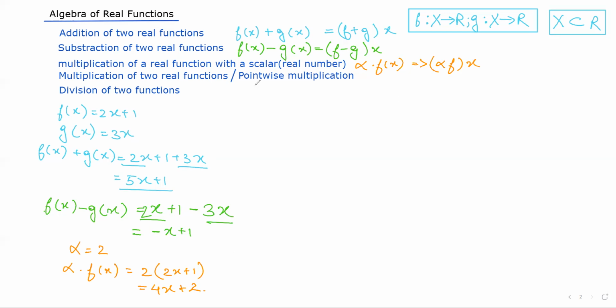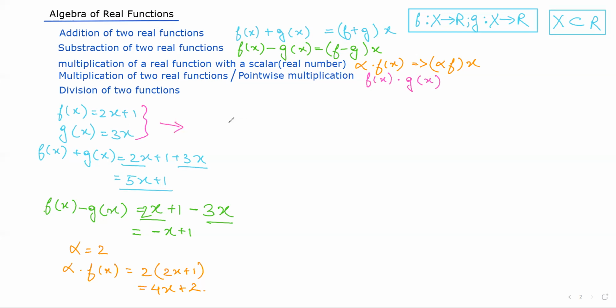Multiplication of two real functions. Now, if you multiply two real functions, it's also called point-wise multiplication. You'll get to know why. So multiplication of two real functions can be written as f of x into g of x. Let's consider the same functions, f of x into g of x.